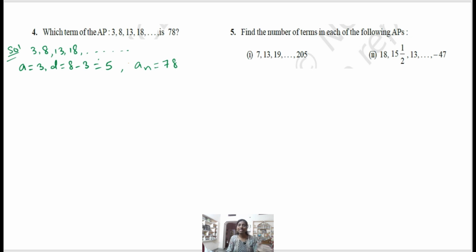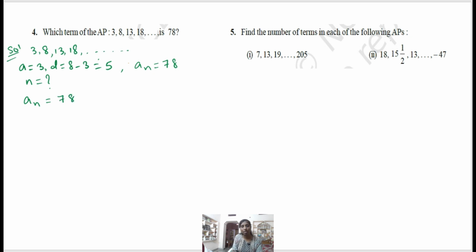Now we have to find out the position of 78, which means we have to find out what n is. For this we have to use the nth term formula, the an formula. So first you write an is equal to 78. It is given an is equal to 78.